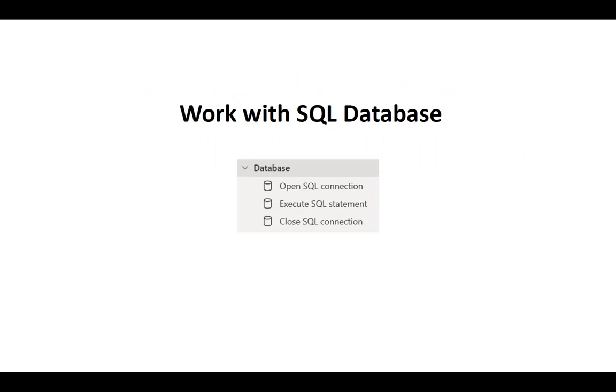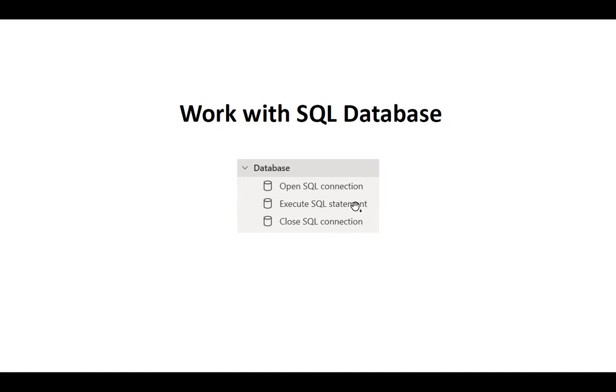Once you have Power Automate available, whether it's in the cloud or on your Windows computer, you want to select this database, and then there are three options. You create or open a connection.